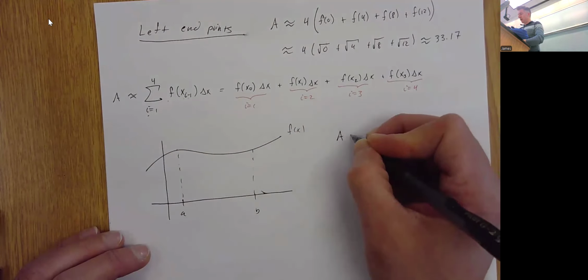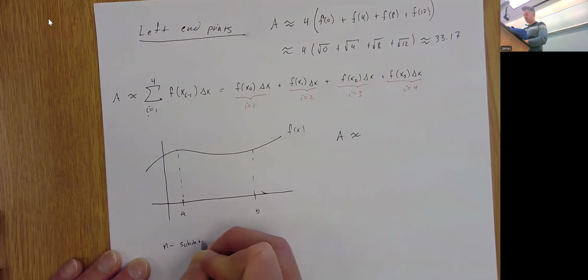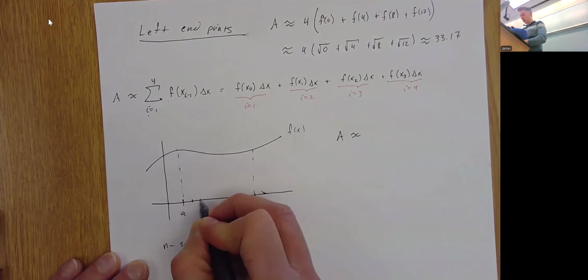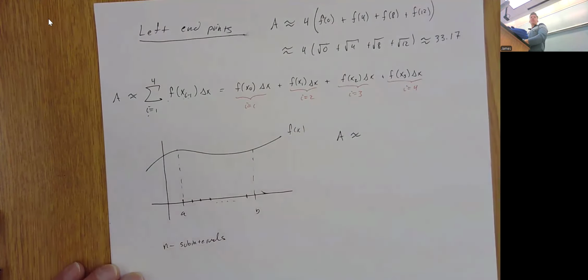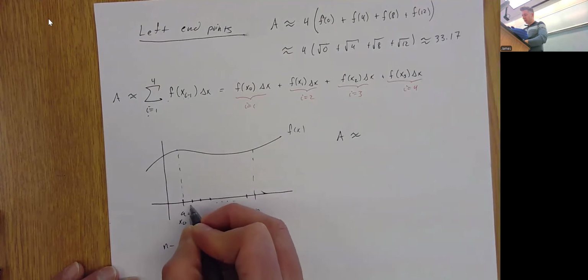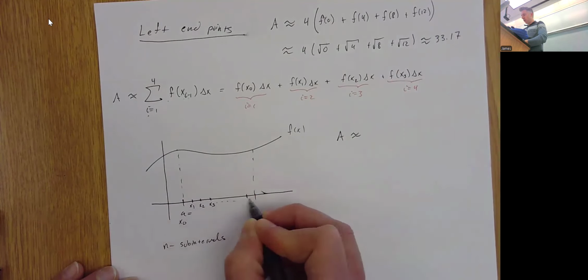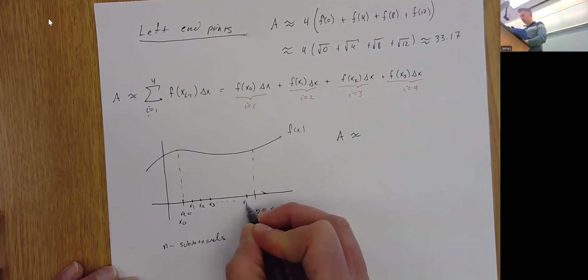So the area estimate using n subintervals. So I'm breaking this up into 1, 2, 3, dot, dot, dot, n subintervals. So this leftmost point is x sub 0, that's x sub 1, x sub 2, x sub 3, all the way till the very last one is x sub n. The second to last one is x sub n minus 1.